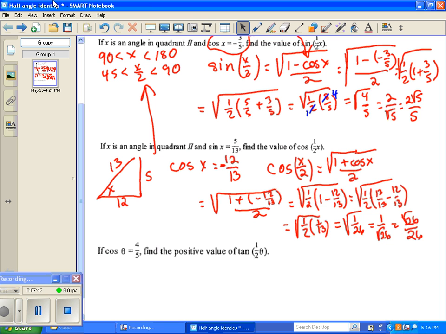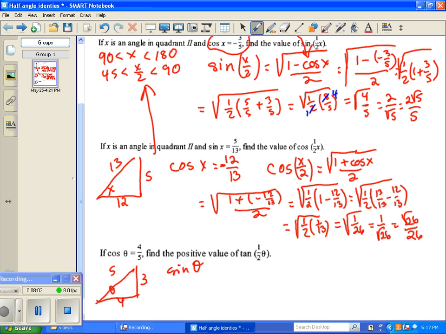Now we have cosine equals 4 over 5. Remember, that's adjacent over hypotenuse. So I know this is going to end up being a 3, 4, 5. So if this is my angle right here, adjacent is 4, hypotenuse 5, so this side is going to be 3. So I know that sine of theta equals 3/5.